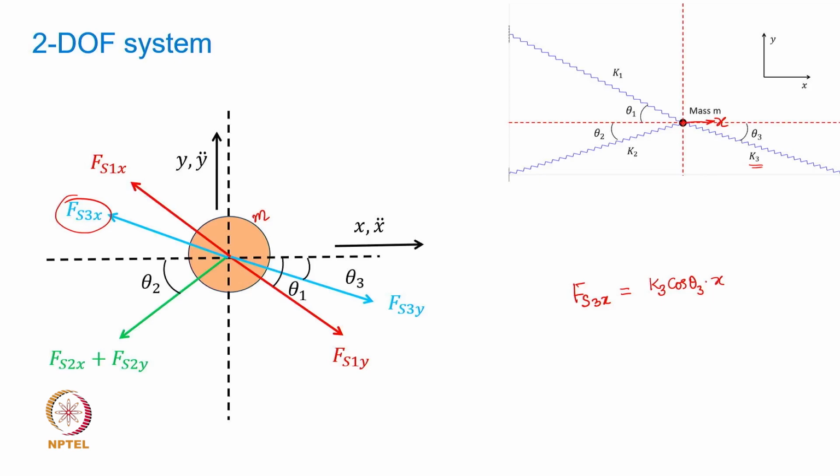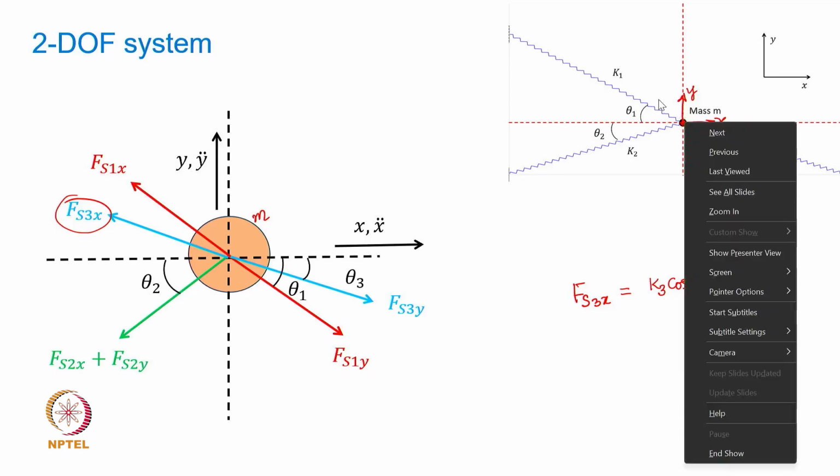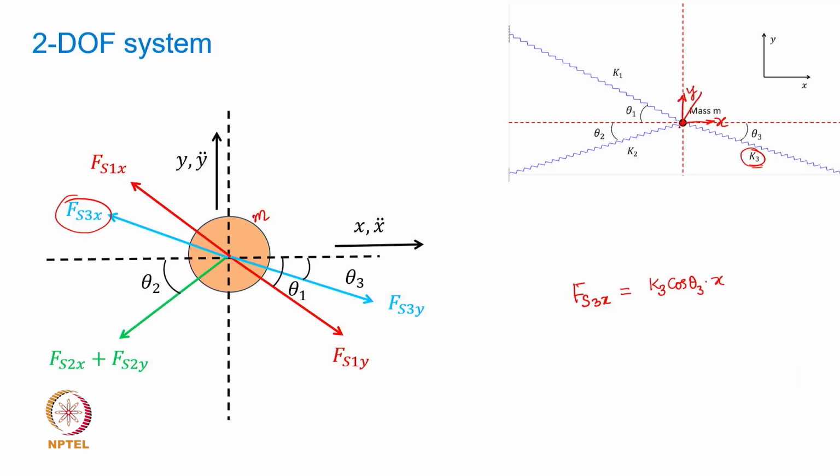But at the same time, if the displacement is along the positive y direction, then the mass is going to cause a stretch in the spring S3, which has stiffness K3. The spring is going to be stretched because of a slight change in the angle theta because of y.